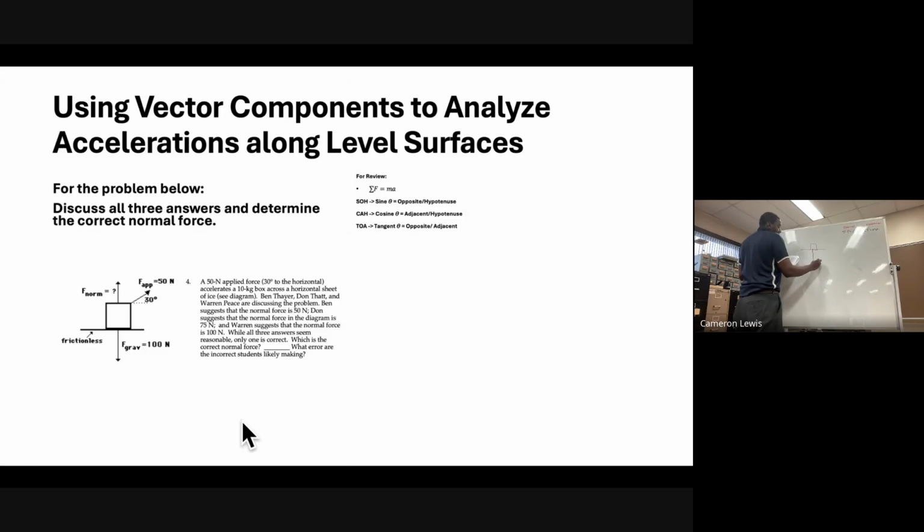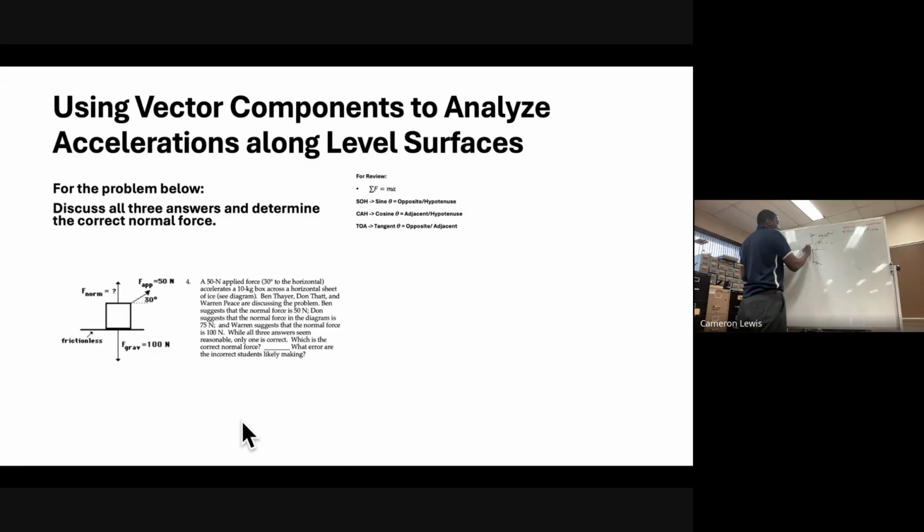It has a weight and a normal force. We can assume it's attached to the surface, sliding across just like regular, but it's being pushed now with an applied force above the horizon, at an angle. That angle is 30 degrees, and this entire applied force is equal to 50.